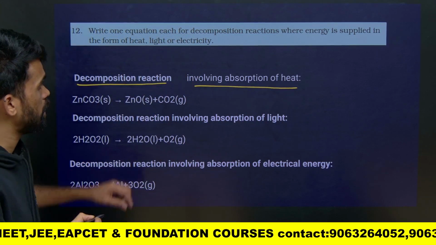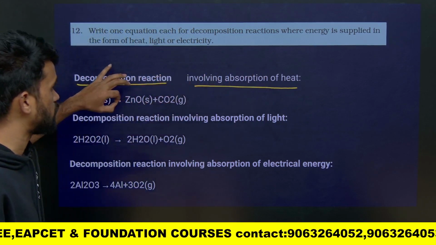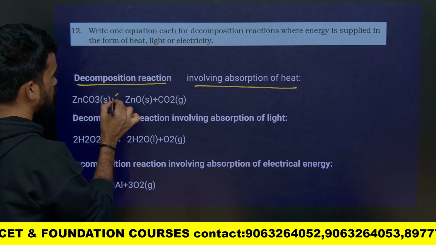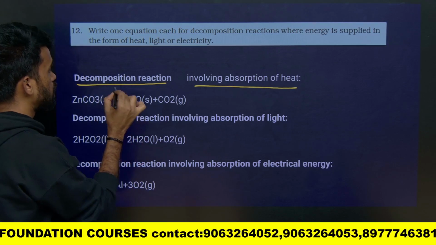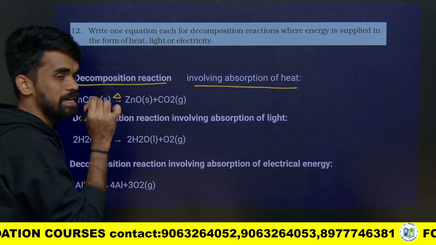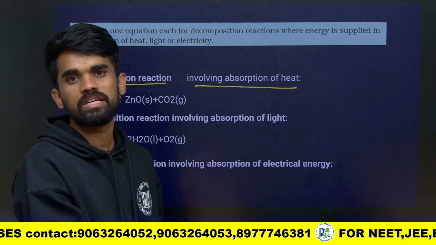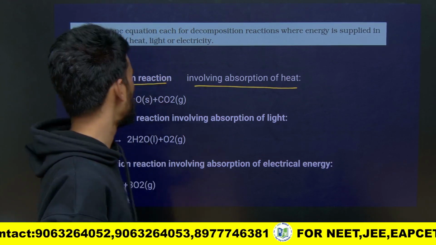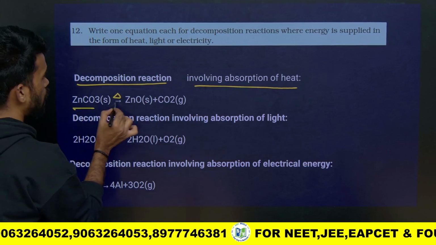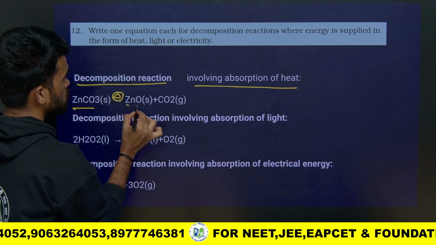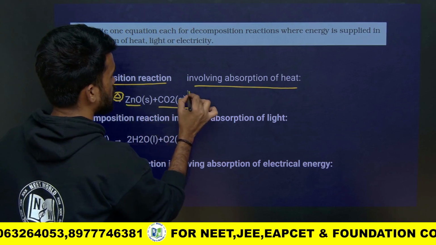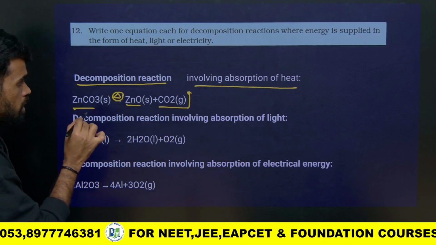Whenever heat is involved, we represent that heat as delta, and we call it thermal decomposition. For example, zinc carbonate upon heating forms zinc oxide plus CO2 gas.